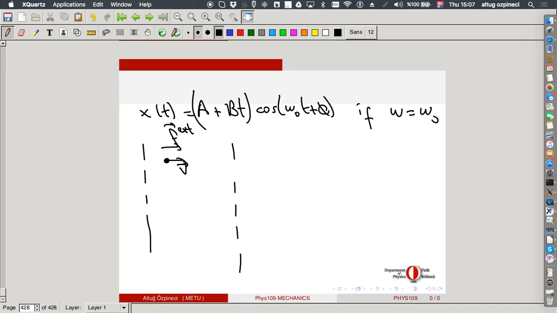So is the force doing positive work or negative work? It's doing positive work. And as long as the velocity and the force are in the same direction, they will be doing positive work. And when it reaches over here, it stops, and then it will move backward. But if the frequencies match, the force also changes its direction.